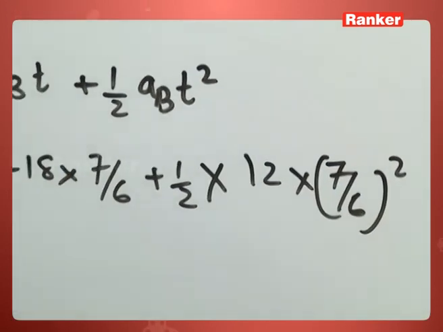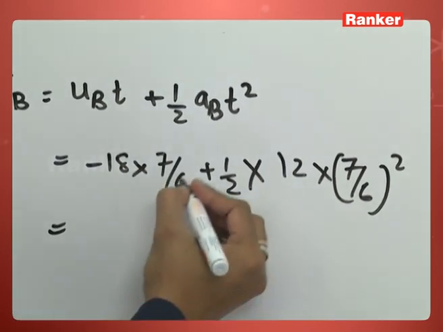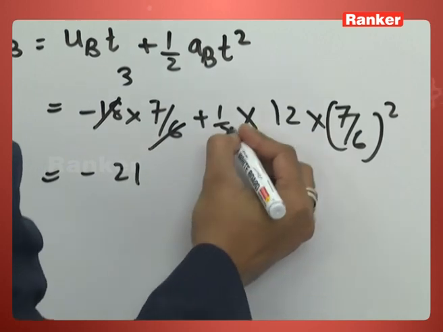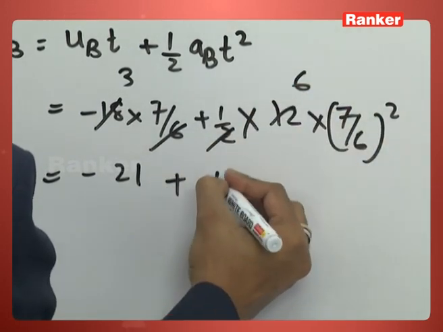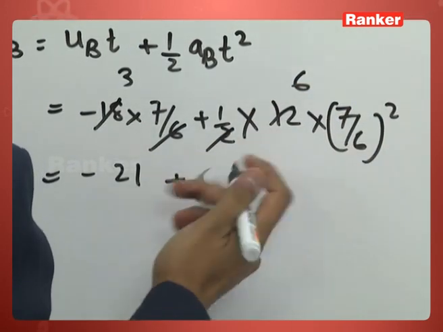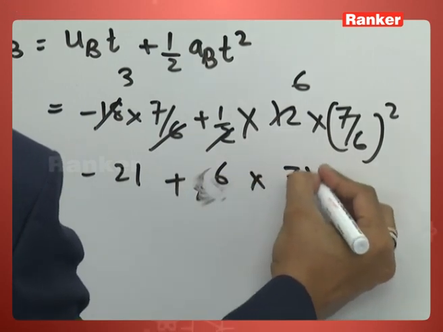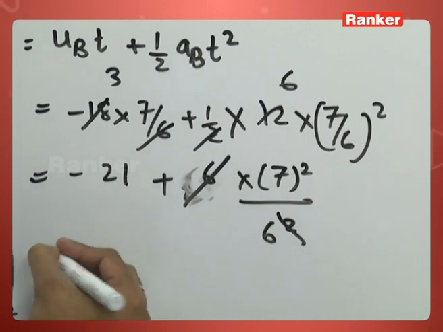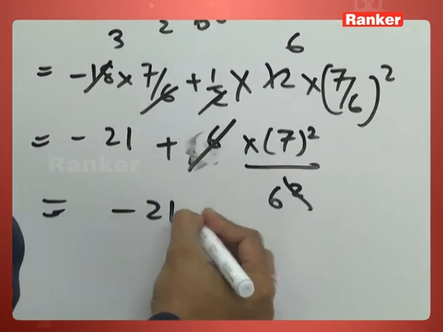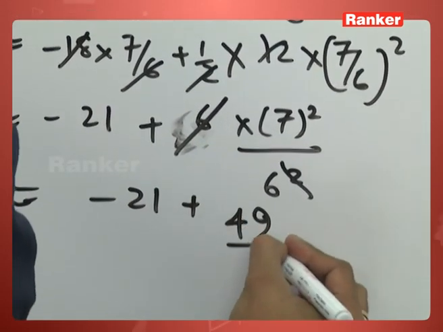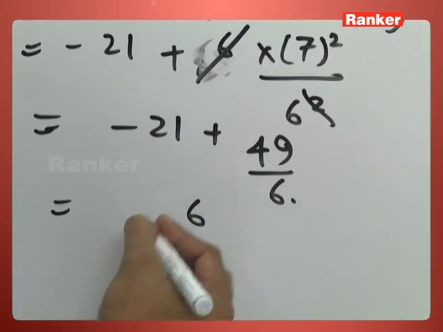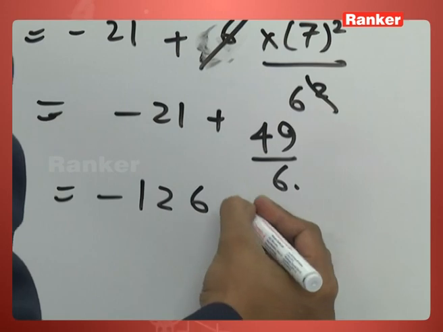So we can calculate this. Minus 21 plus half into 12 into 7 square by 6 square, the 6s cancel out. So minus 21 plus 49/6, so this is minus 12.83.